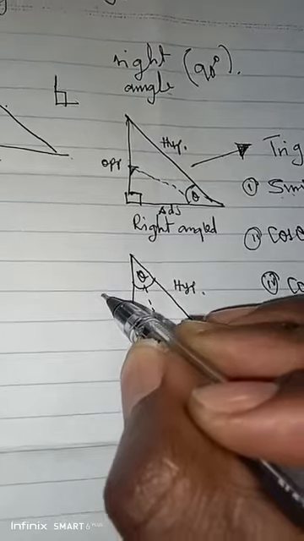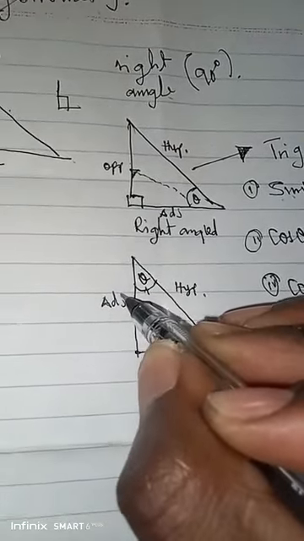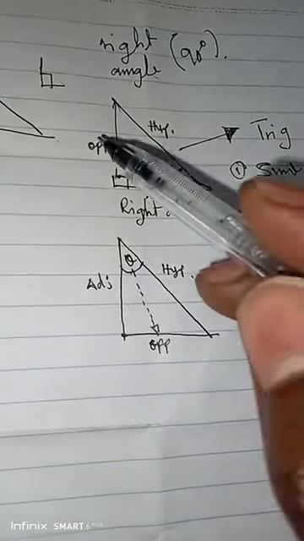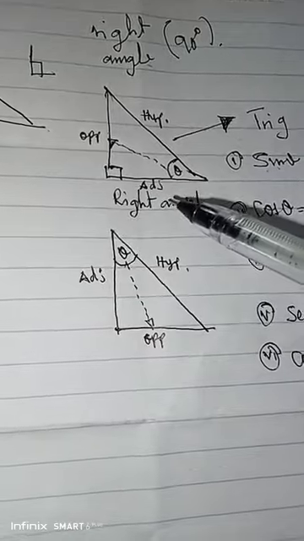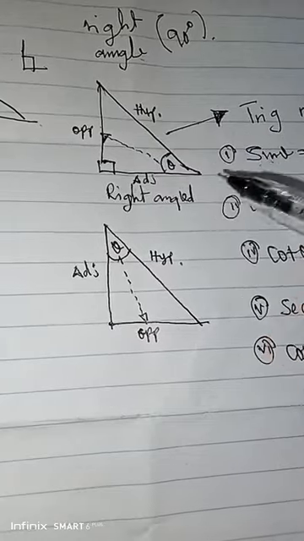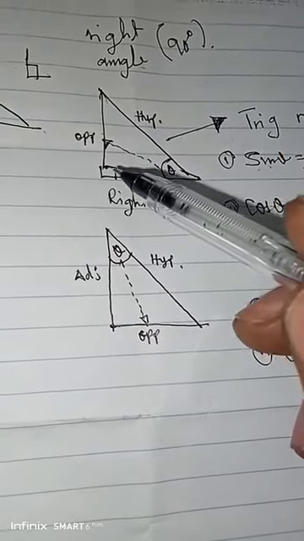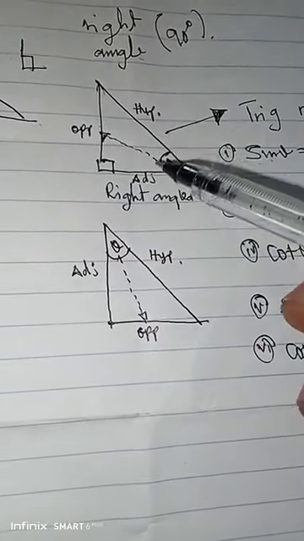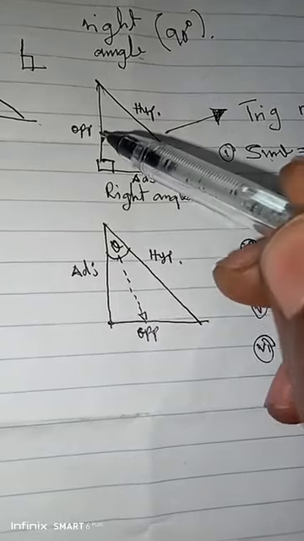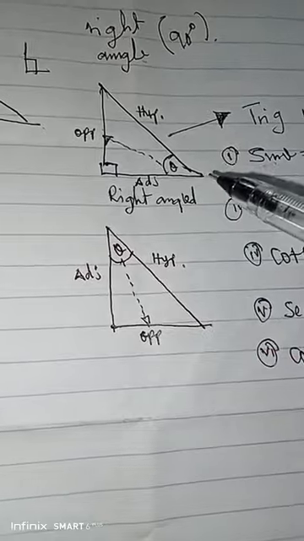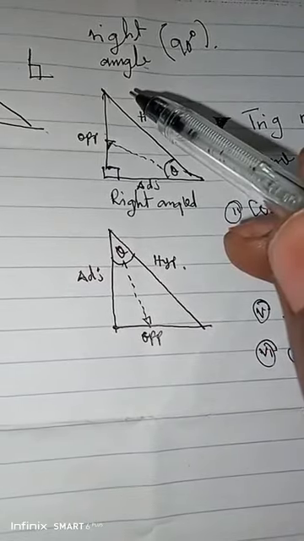And this side is the one that is going to remain as our adjacent. So your opposite and your adjacent can vary depending on the position of the angle in the triangle you have been given, apart from the 90 degrees. So if it is here, then this is your opposite, this is your adjacent, and this is your hypotenuse.